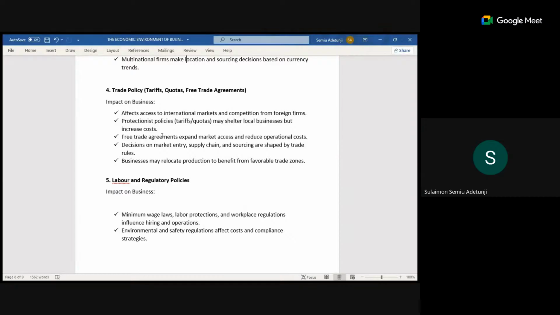Trade policy affects access to international markets and competition from foreign firms. Protectionist policy may shelter local business but increase costs. Free trade agreements expand market access and reduce operation costs.